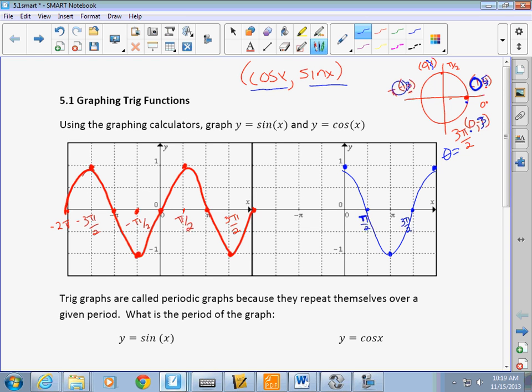If I continued my pattern, if I started at 1, then I'd have to go back to 0 at negative pi over 2. These two correspond, right? And then at negative pi, I'm down to negative 1. And then at negative 3 pi over 2, I'm back at 0. And then at negative 2 pi, I'm up here at 1.